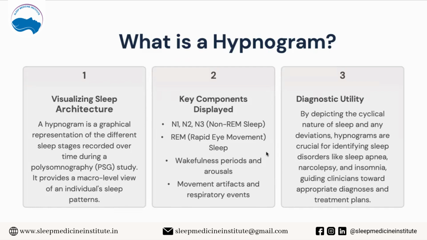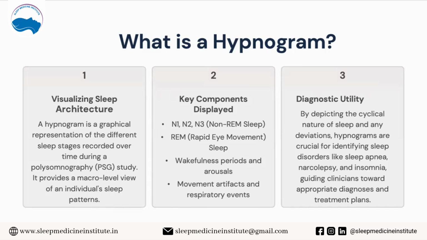What is the utility? Why is this helpful? By looking at a hypnogram, you can get a snapshot or a macro view about the sleep apnea, if there is a very early sleep onset, if there is a REM onset which is very early, and if there are lots of arousals, a very fragmented sleep.